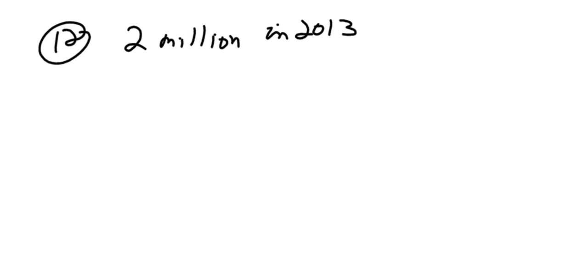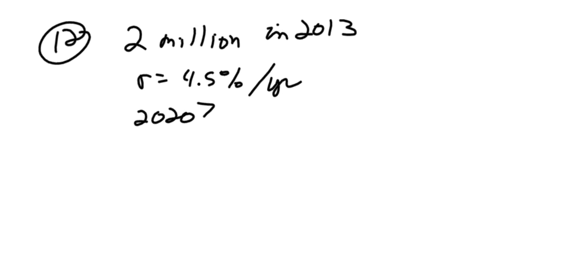So I'm going to put that information down. It was 2 million in 2013. We had a rate of 4.5% per year, and we want to know what it's going to be in 2020.